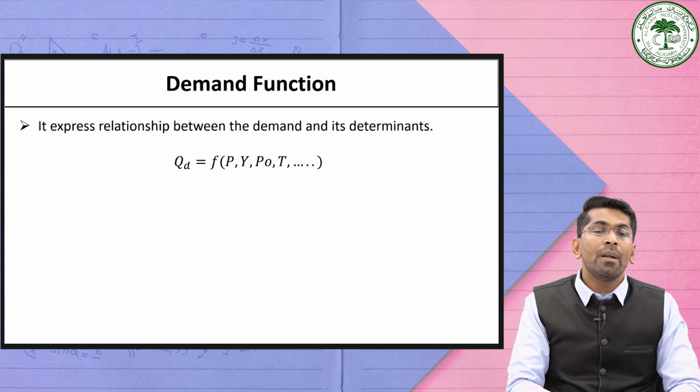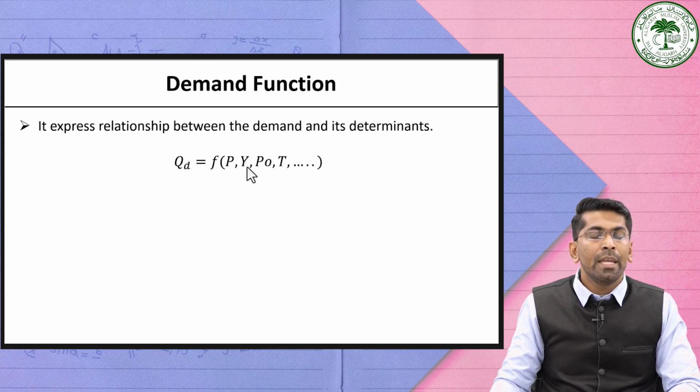That is, quantity demanded is a function of price of the commodity, income of the consumer, price of other commodities, tastes and preferences of the consumer, etc.